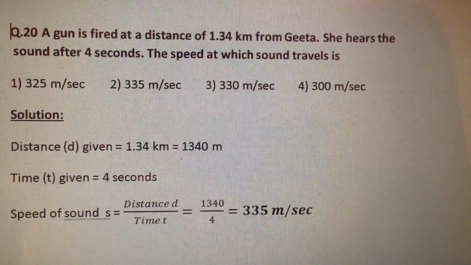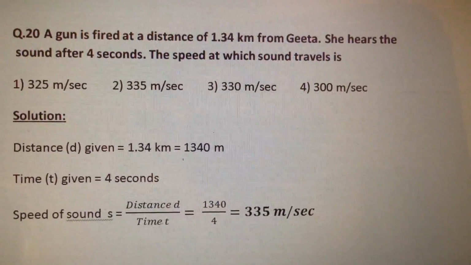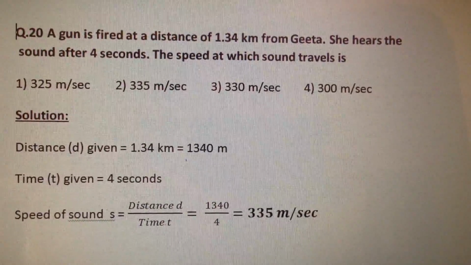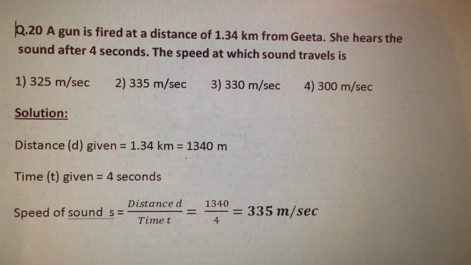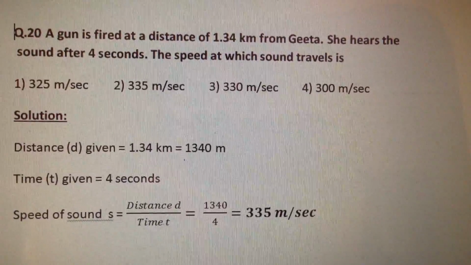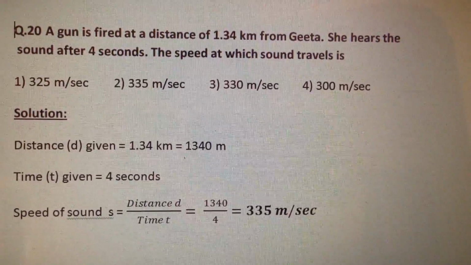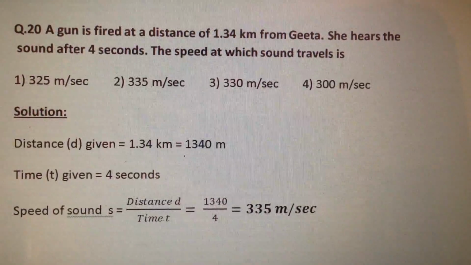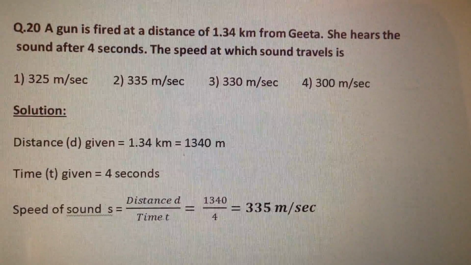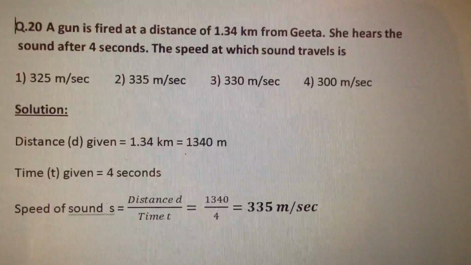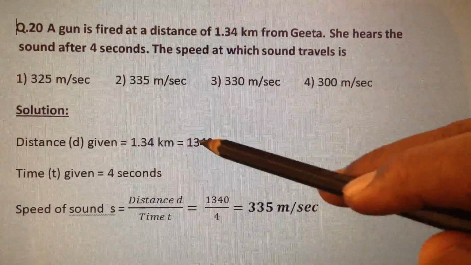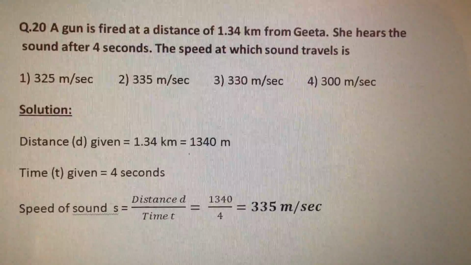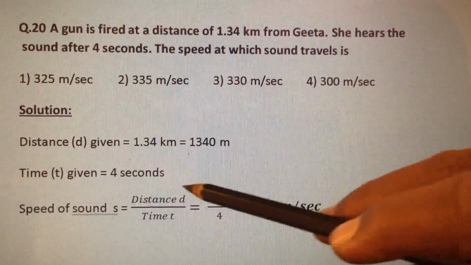Next question. A gun is fired at a distance of 1.34 kilometers from Geeta. She hears the sound after 4 seconds. The speed at which sound travels is. Again, this is a very simple question. Distance given is 1.34 kilometers, which is equal to 1340 meters, and time is given as 4 seconds.